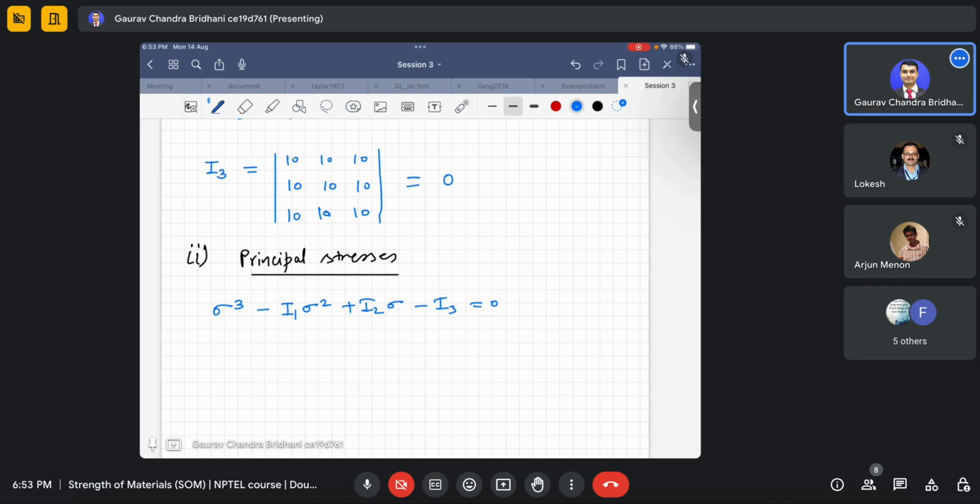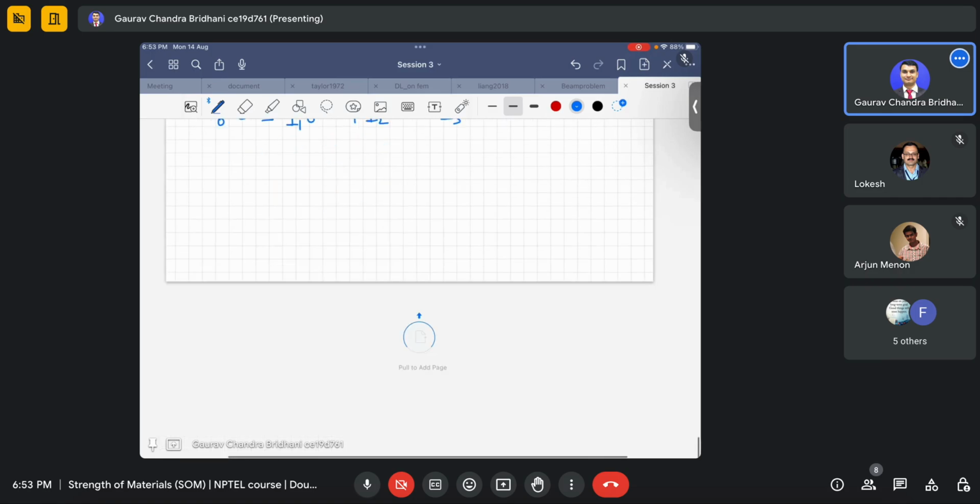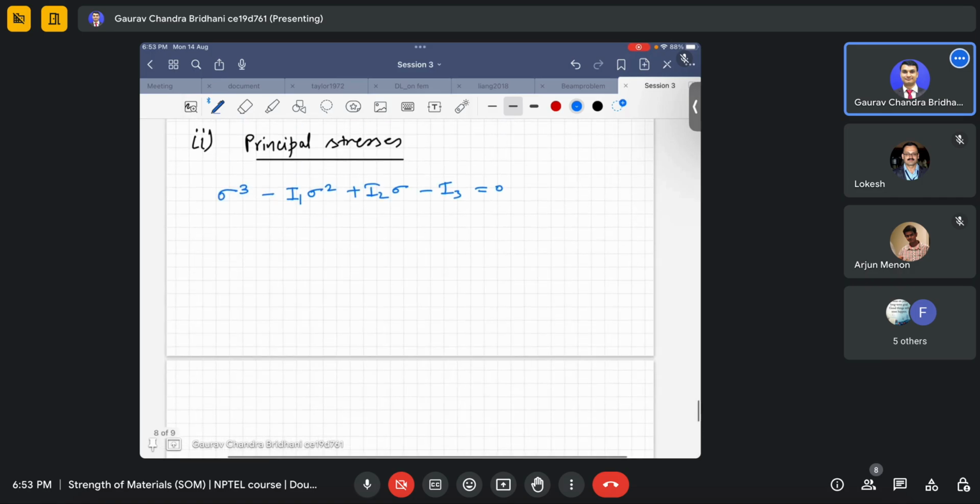So I'll mention here: roots of the above equation are the principal stresses.